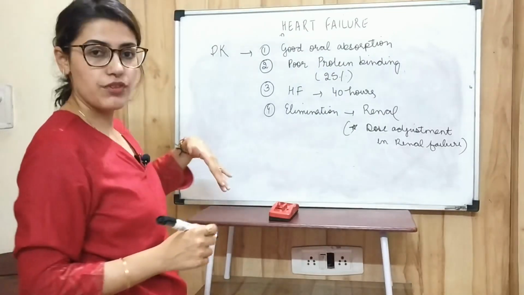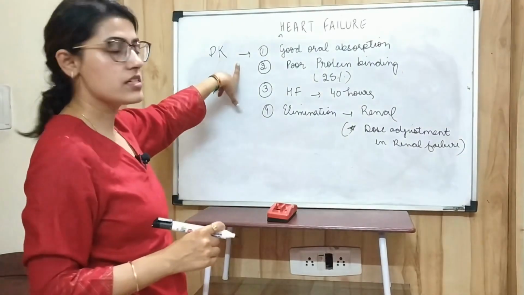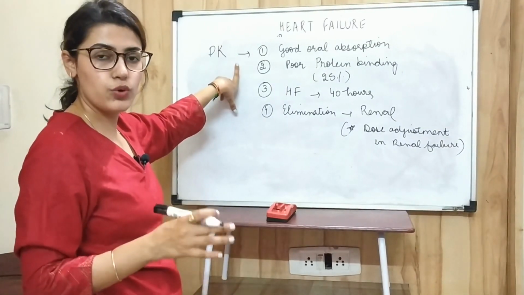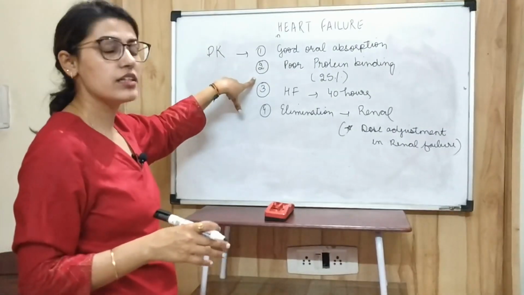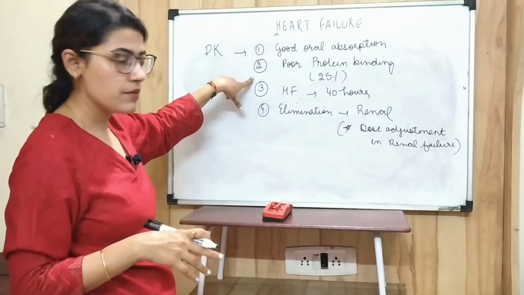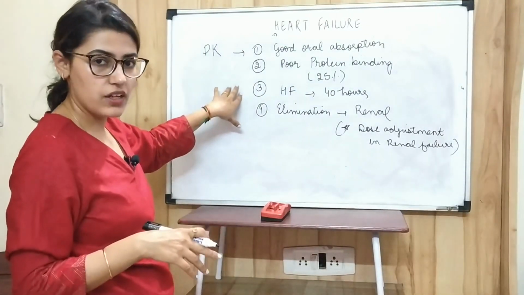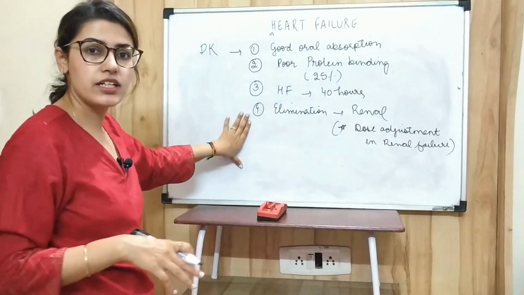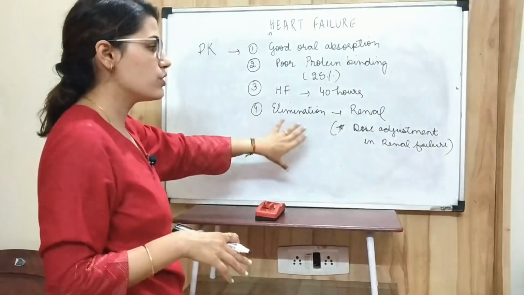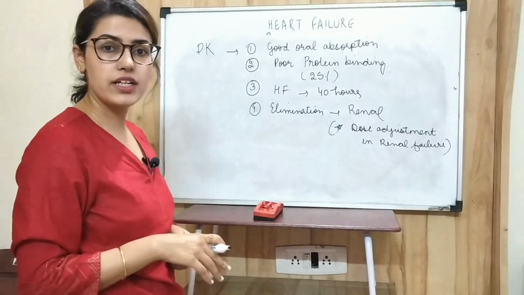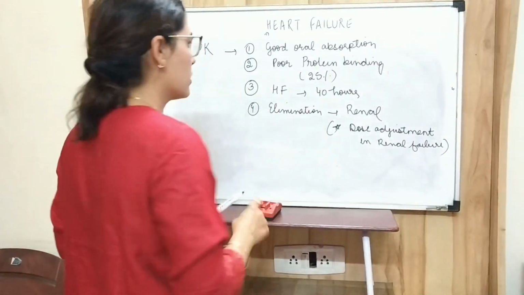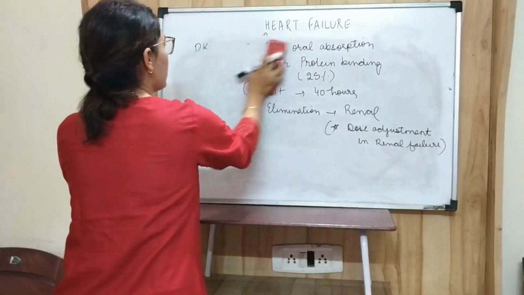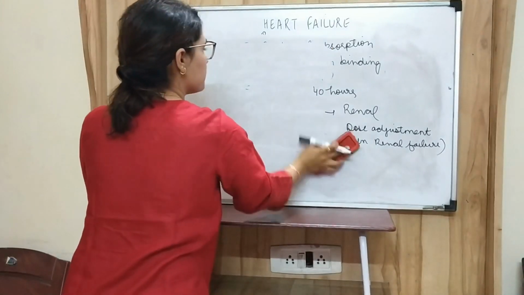So these are the pharmacokinetic properties. One, good oral absorption. Second, poor protein binding. Half-life of the drug is very long, that is 40 hours. And last is the elimination, which is through the renal route, for which dose adjustment is required in renal failure. Now, let us discuss the side effects of digoxin.